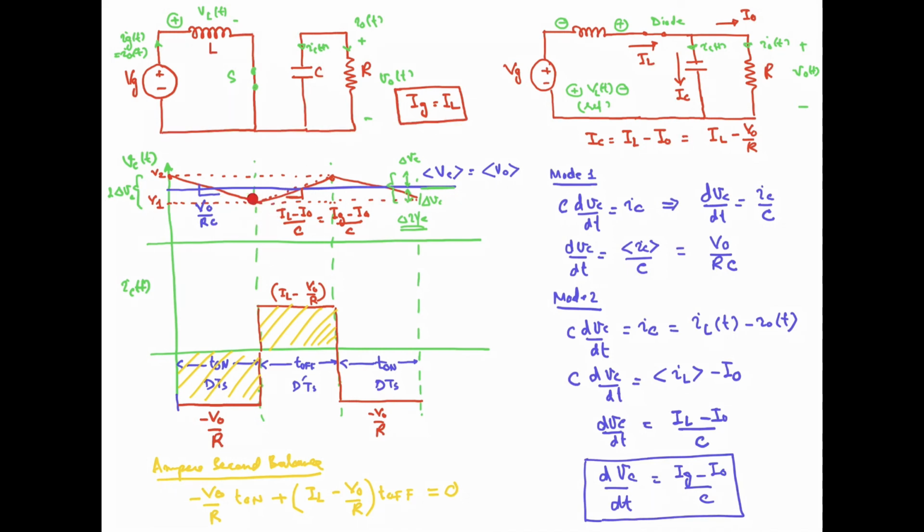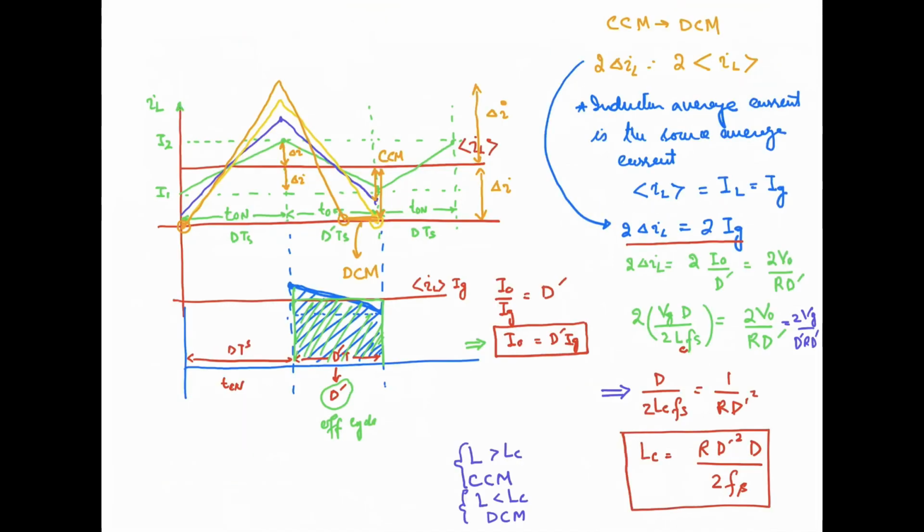And if you further decrease the capacitance, there will be a discontinuity in the capacitor voltage. So we can use the same condition that we used for the inductor current: the total current ripple, equal to 2 delta IL, should be equal to twice the average value right at the point of continuity.